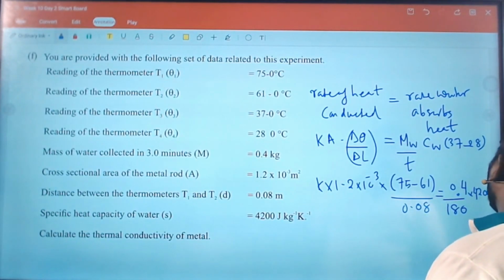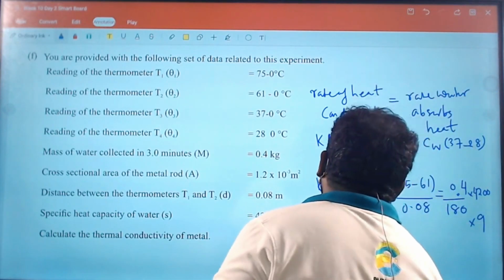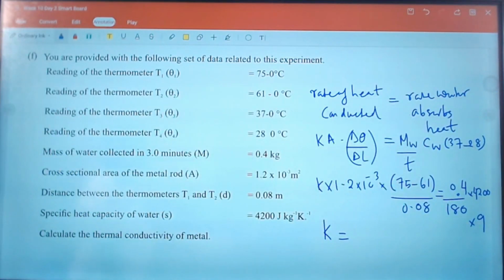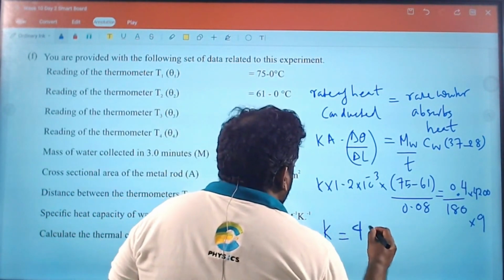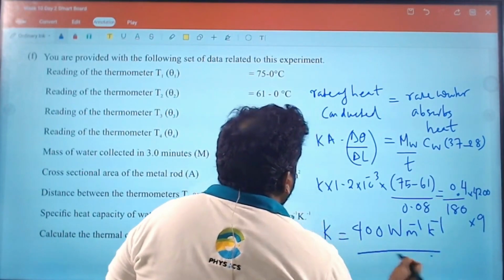Change in temperature there, 9. Simplify this, find K. If you multiply this, easily you can find the value of K. 400 watt per meter per Kelvin.